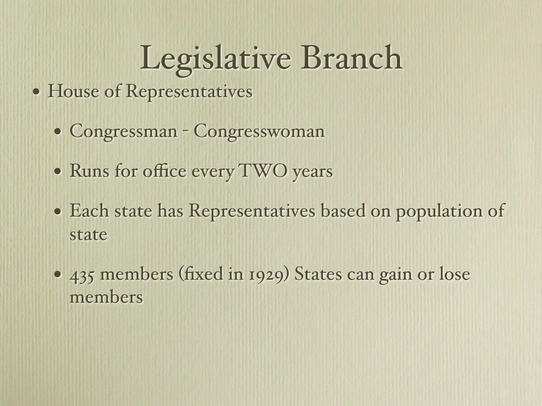The total number of members within the House of Representatives is 435, and this was fixed in 1929. States can either gain or lose members, but that number since 1929 never changes.